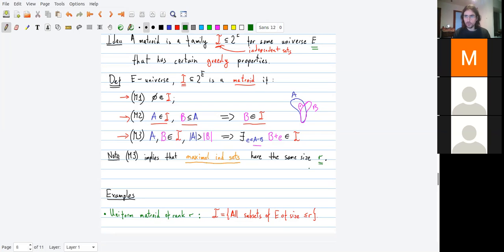So this means that all of the maximal independent sets in the matroid are of the same size. And this maximal size is called the rank of the matroid. And the maximal independent sets in a matroid are called bases of the matroid.